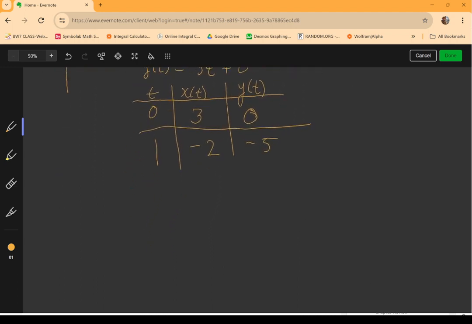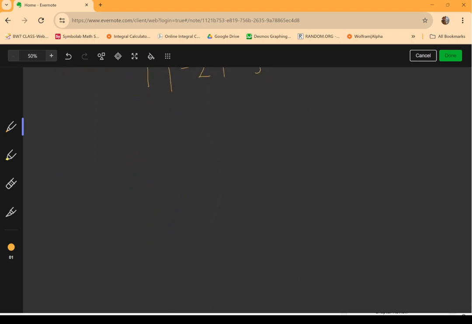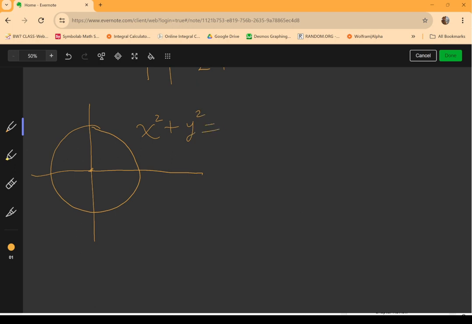All right, now let's learn to parametrize circles and ellipses. So as it turns out here, whenever you have a circle centered at the origin, it will always have this equation.